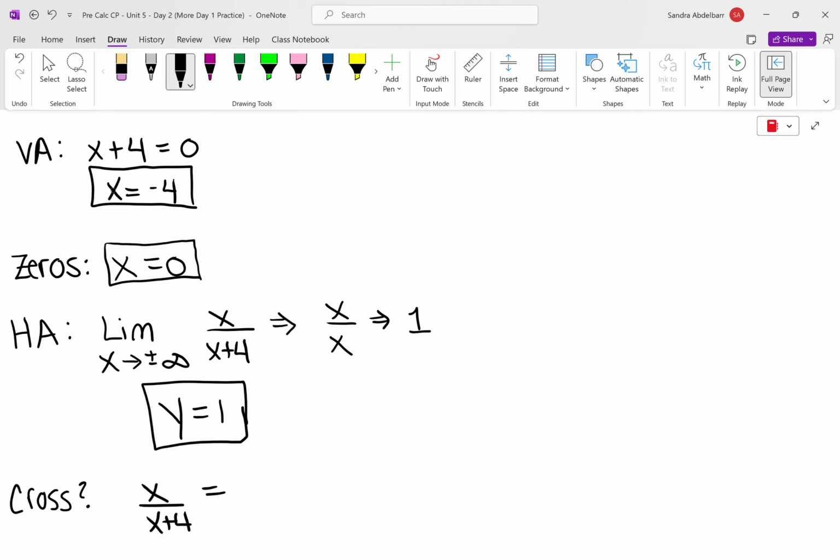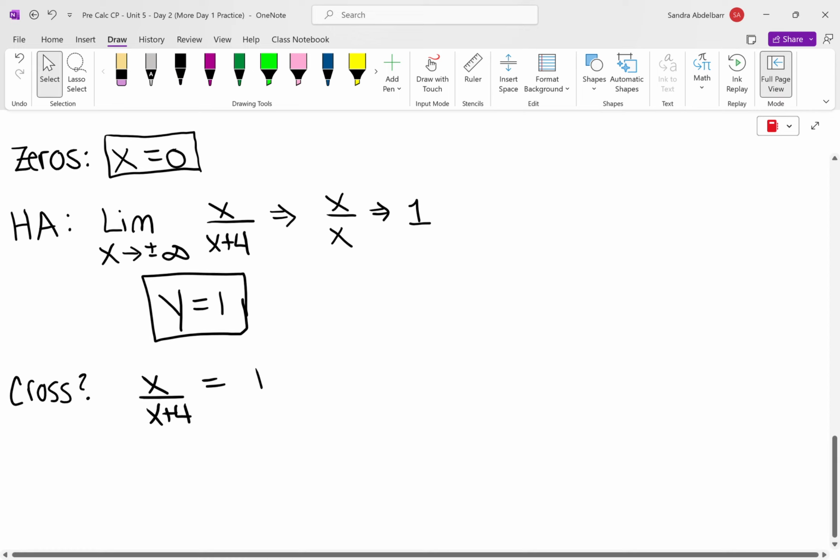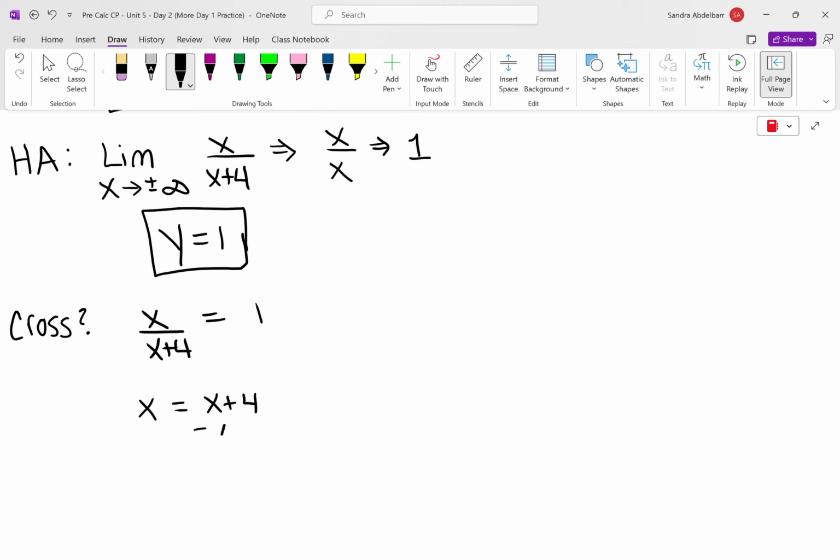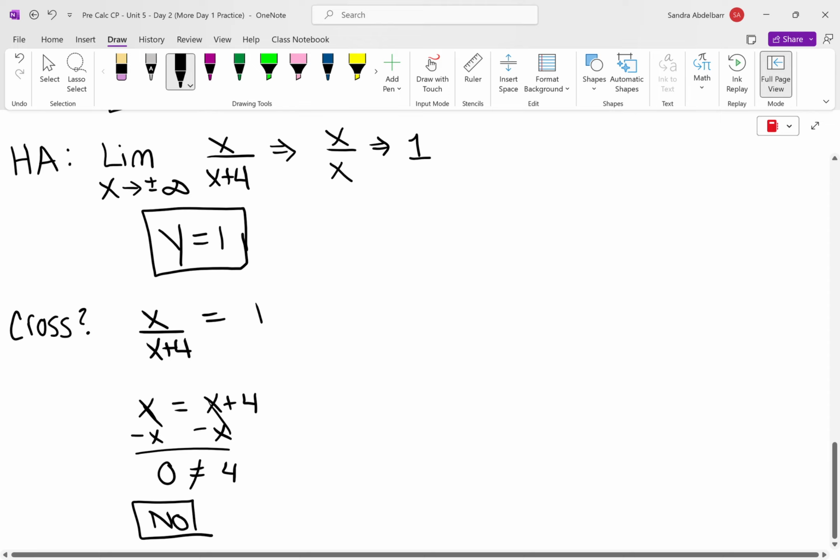We set the function x over x plus 4 equal to the horizontal asymptote, which in this scenario is 1. Last problem, what was the horizontal asymptote? 0. So now we cross multiply, and we get x is equal to x plus 4. But then the x's cancel, and I get 0 equals 4. Is that a true statement? No. So are we going to cross? No.